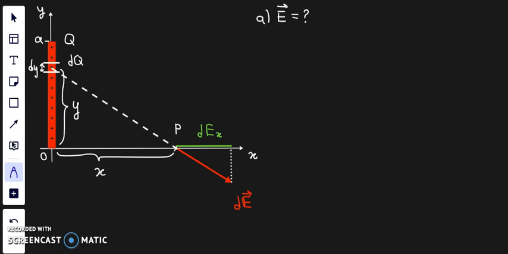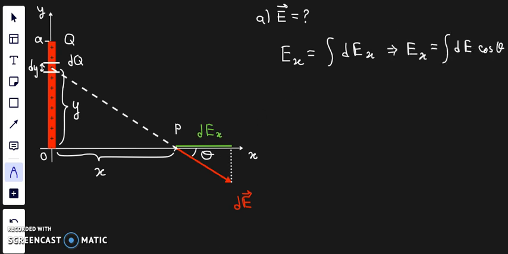So the x component of the electric field vector can be expressed like this: E sub x is equal to the integral of dEx. And what is dEx equal to? Let me call this angle theta. If that's angle theta, then dEx is going to be equal to dE times cosine theta.